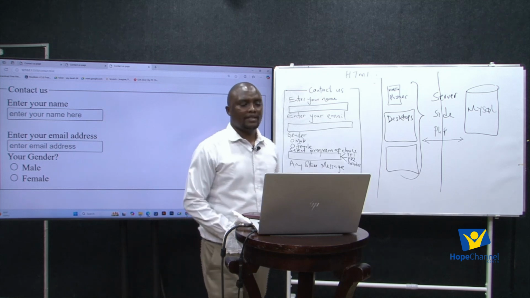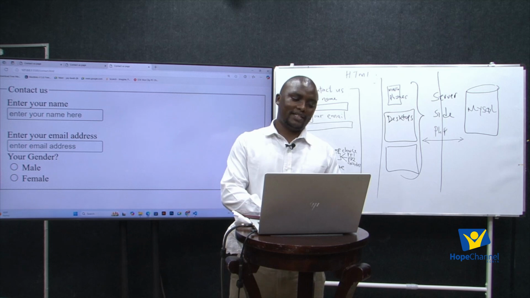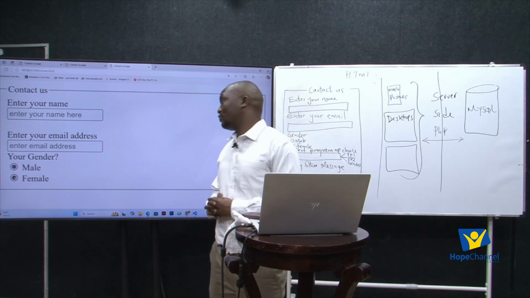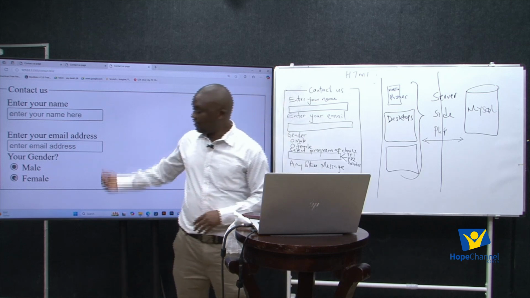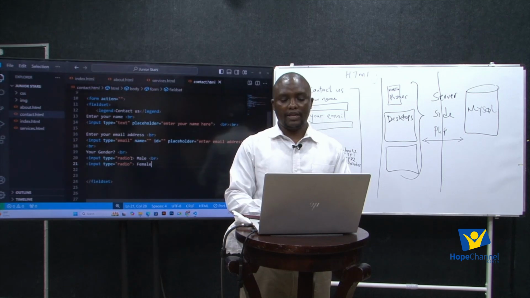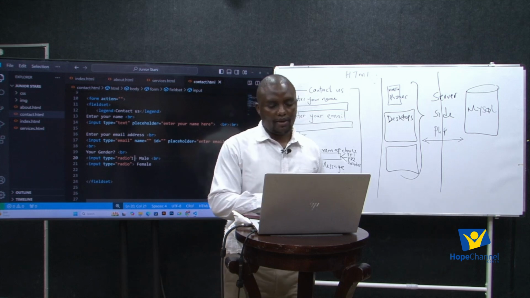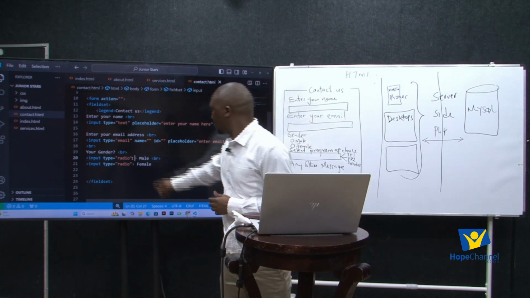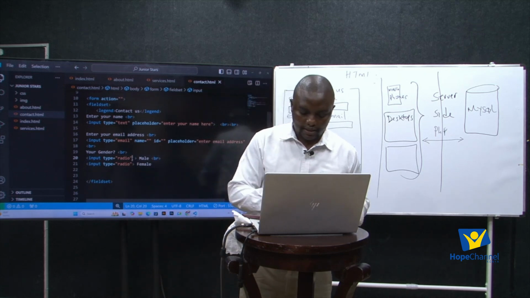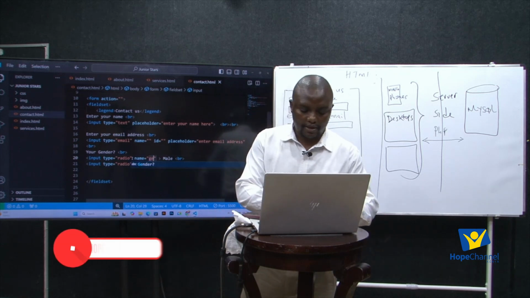Now when you do that, up to this particular moment, you realize that users are able to select both male and female at the same time, which is not supposed to be the case. So now to avoid such a scenario, you need to give your two radio buttons the same name attribute. You come here, you create a little space, and make sure you are still inside the input. You create a name attribute, name equals gender.